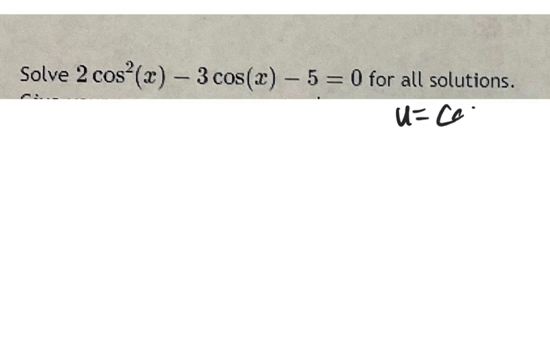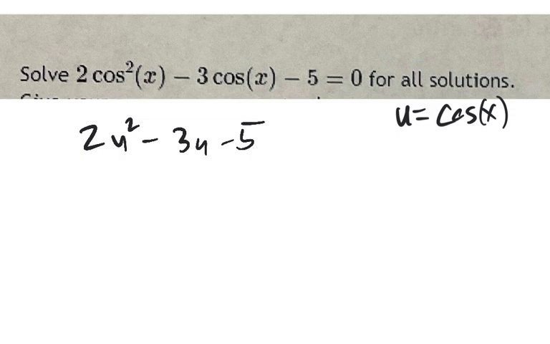U substitution means everywhere that I see cosine of x, I'm going to write u instead. So this becomes 2u squared minus 3u minus 5. And then we can factor this, because we just feel more comfortable with this. At the very end, once we get done, we put cosine of x back where it's supposed to be.